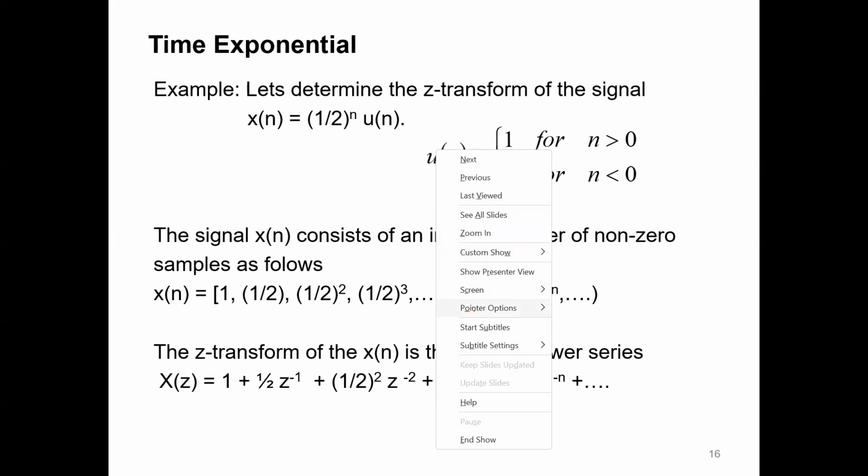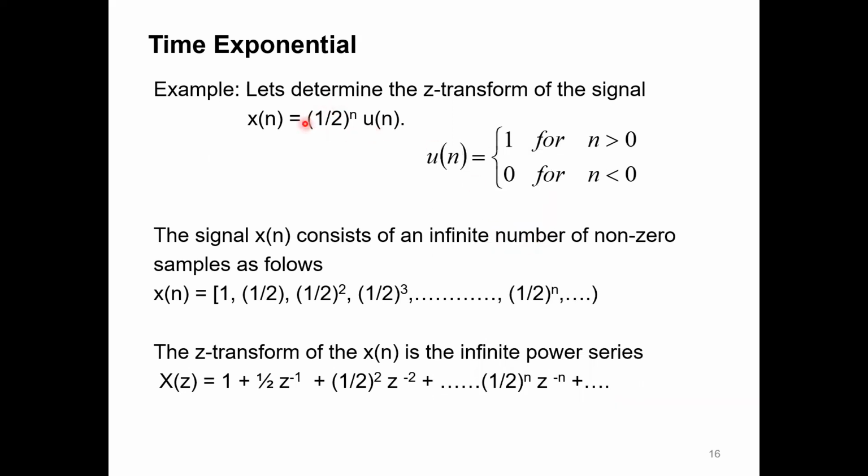I have here a numerically defined exponential function, half to the n. I could have taken a symbol over here, but I'm taking this from some other reference, so I left it unchanged.